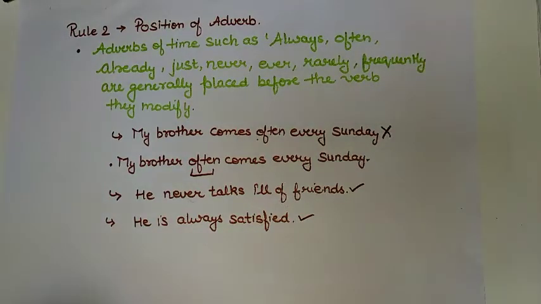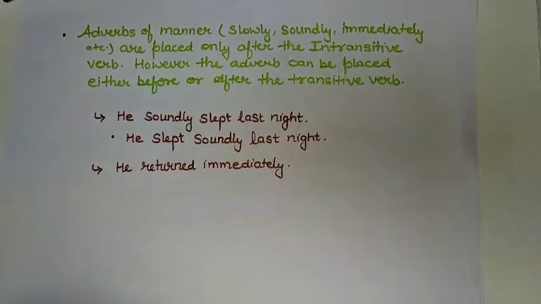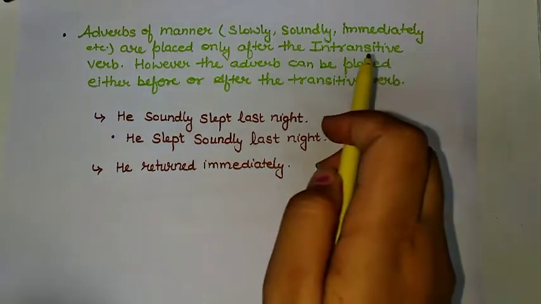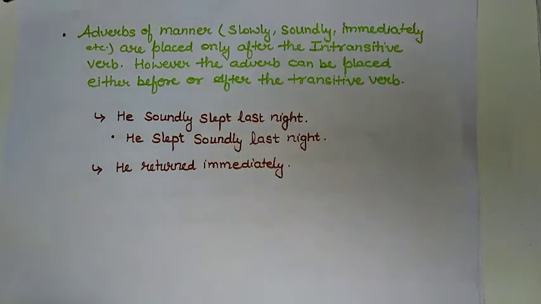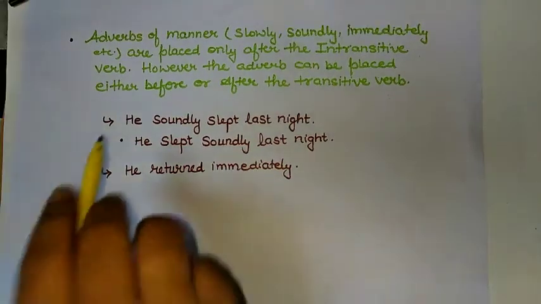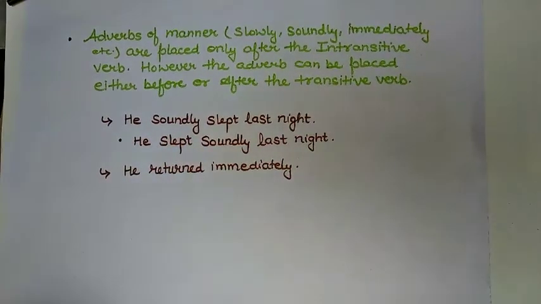Coming to the next rule, placement of adverb of manner. Adverbs of manner like slowly, soundly, immediately, etc. are placed only after intransitive verbs. However, an adverb can be placed either before or after a transitive verb. But when the adverb is an adverb of manner, it should be placed only after the intransitive verb. Like, he soundly slept last night.